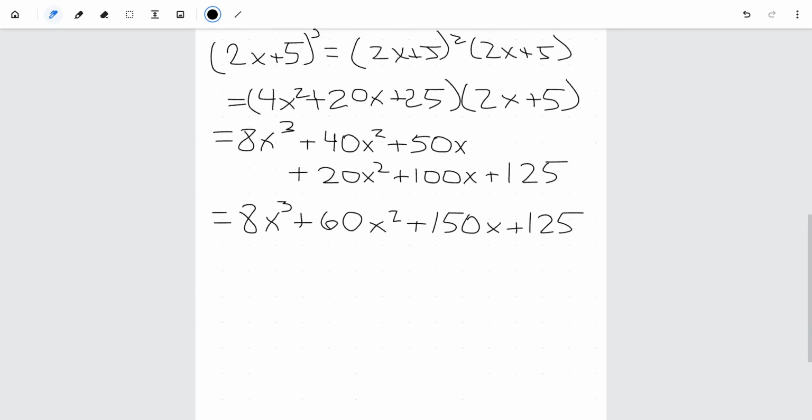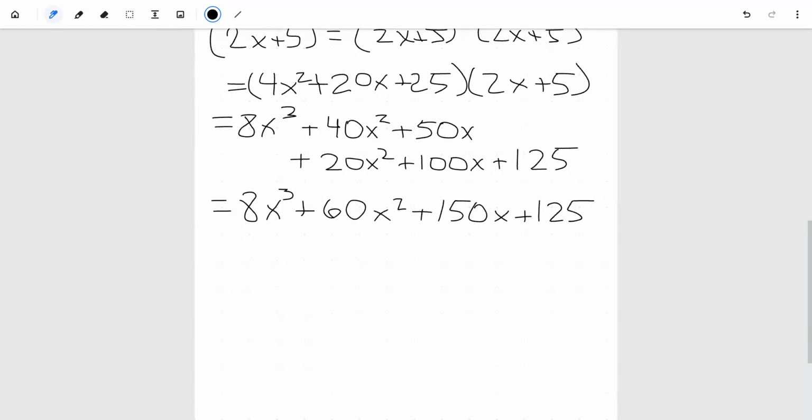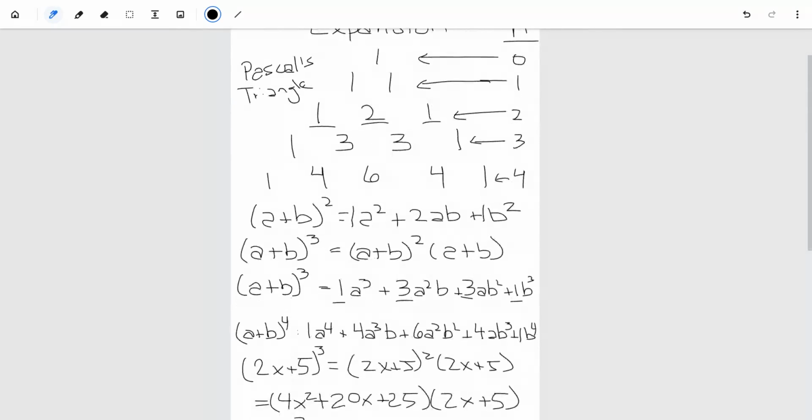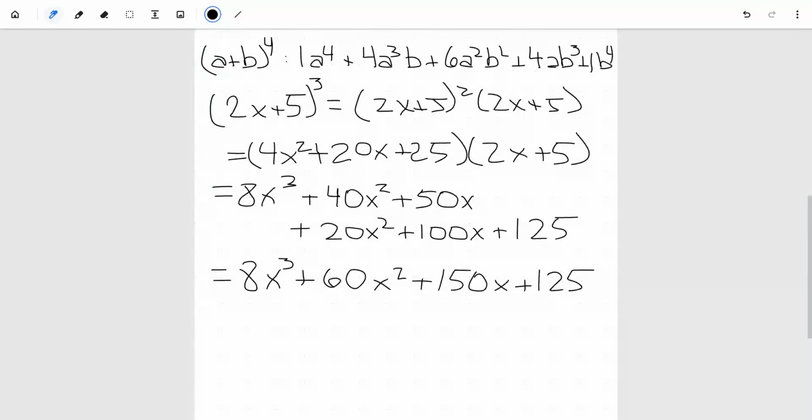All right, now we remember that the n equals 3 case of Pascal's triangle gives us 1, 3, 3, and 1. In this case, a is going to be equal to 2x, and b is equal to 5.